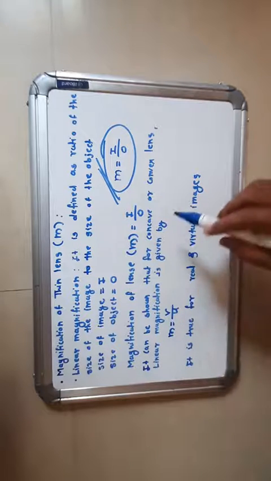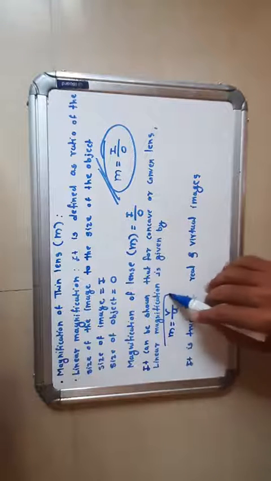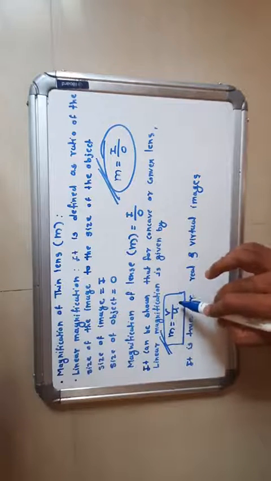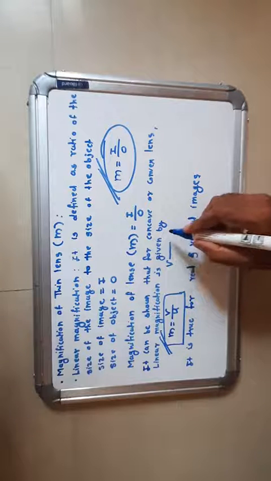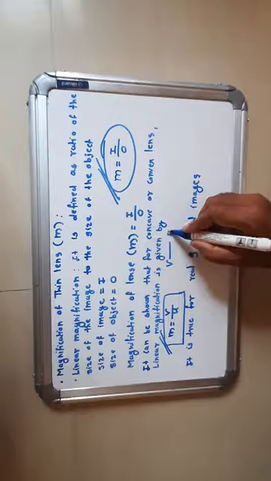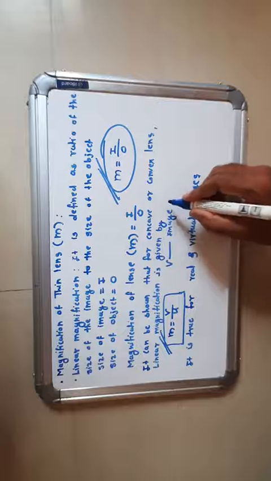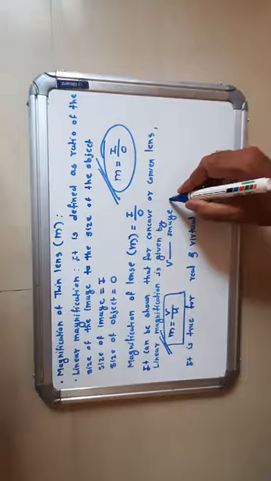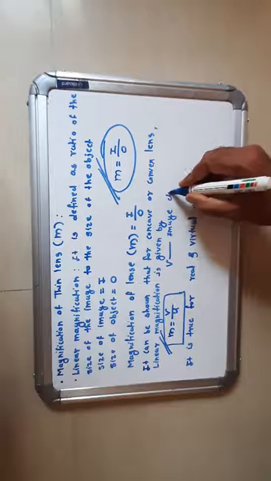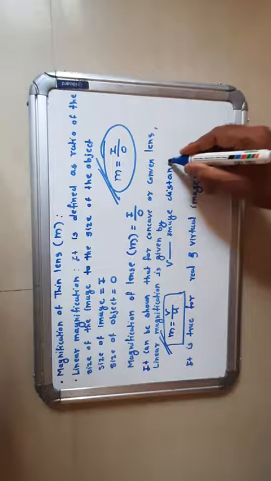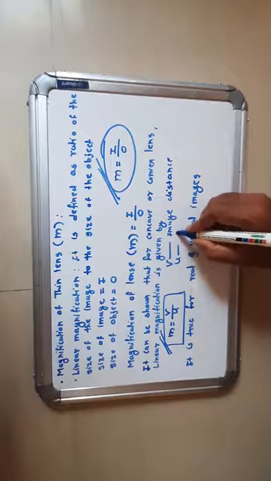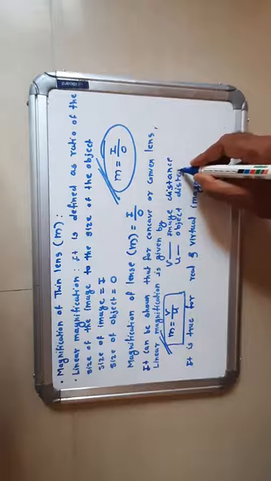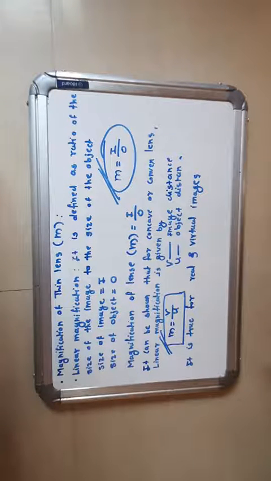Here v is the image distance and u is the object distance, as we discussed in the last topic. This is true for real and virtual images.